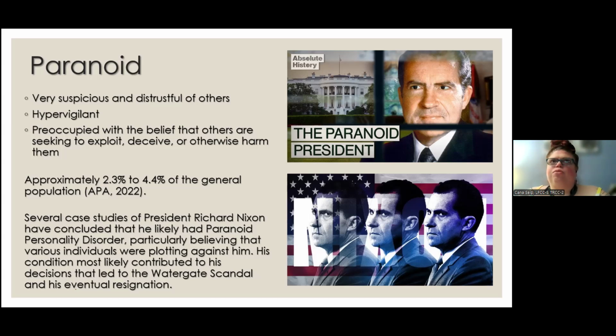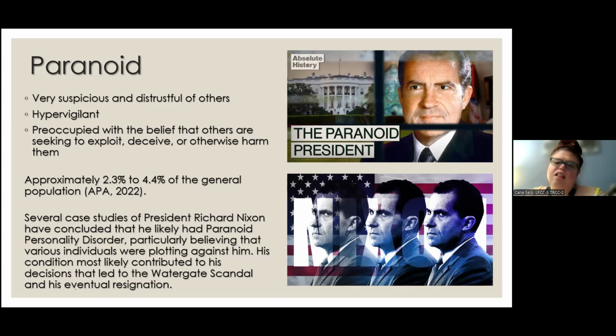There have been several retroactive case studies done about President Nixon, and many of them have concluded that he likely had paranoid personality disorder, particularly believing that people were trying to sabotage him politically. It became well known later that he had bugged a lot of the rooms in the White House with recording devices.